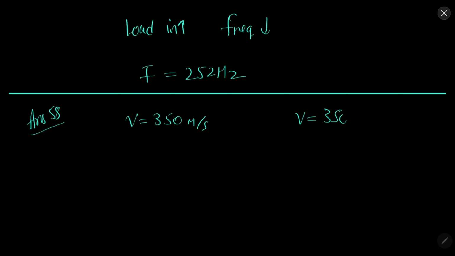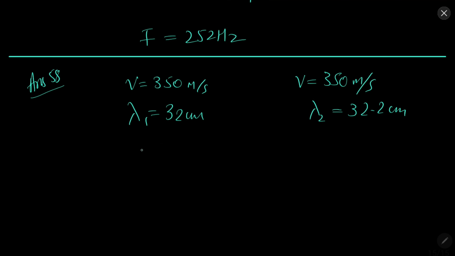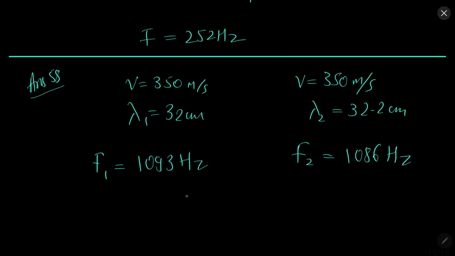In second situation also the velocity remains same. Wavelength in the first case is 32 centimeter and in the second case is 32.2 centimeter. So frequency will be 1093 Hertz. Frequency will be 1086 Hertz. So beat will be f1 minus f2, that is 7 Hertz.